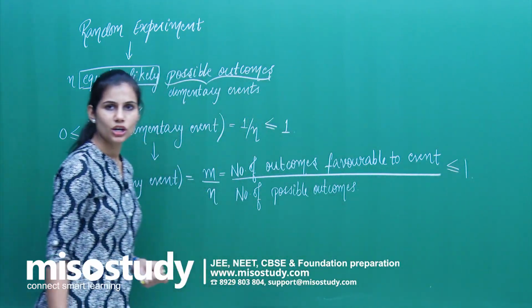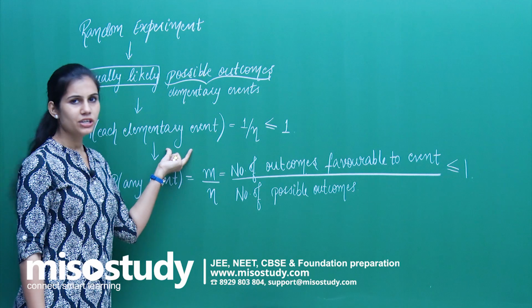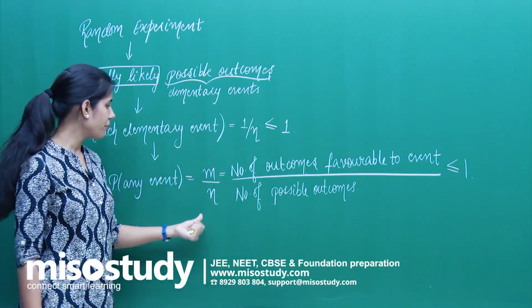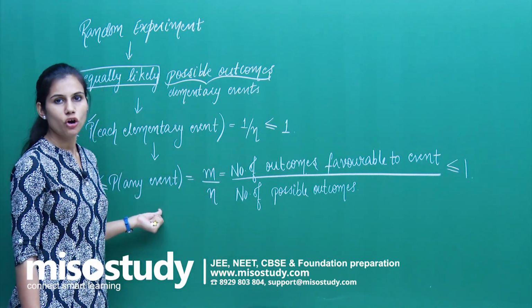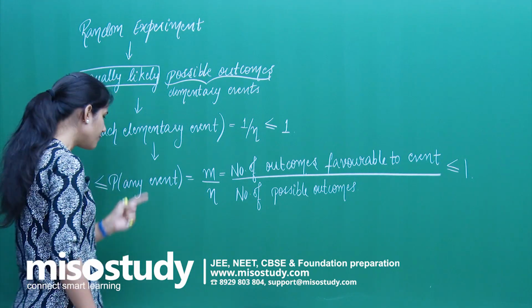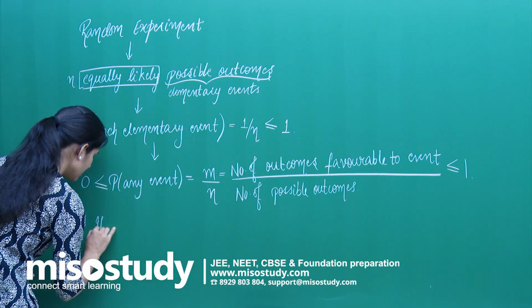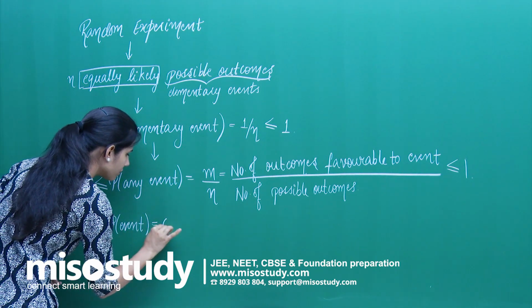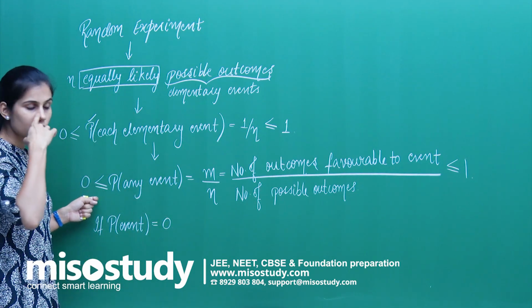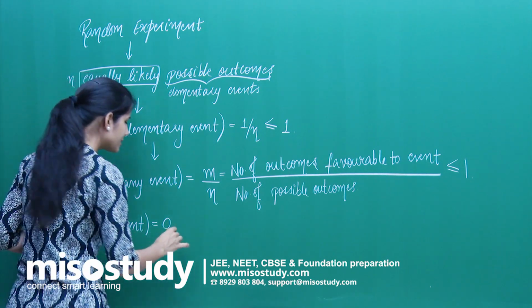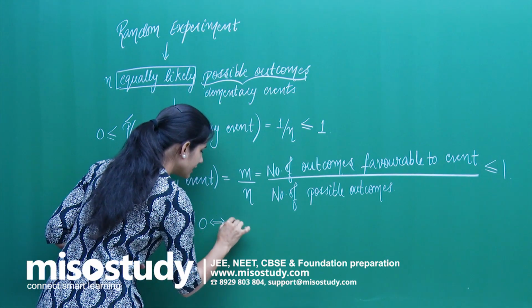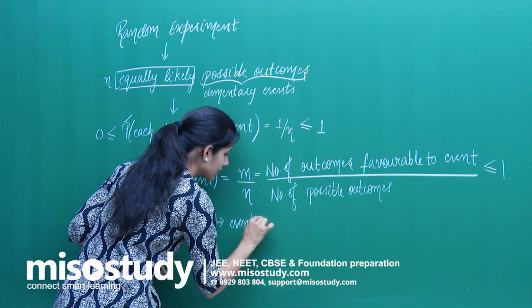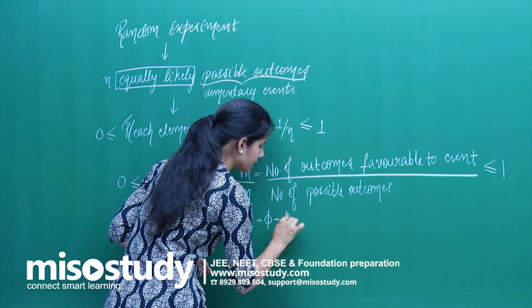We also discussed that it is also between 0 and 1. So not just the probability of an elementary event lies between 0 and 1, but the probability of any event also lies between 0 and 1. If the probability of an event turns out to be 0, this can only happen if the event is the impossible event.